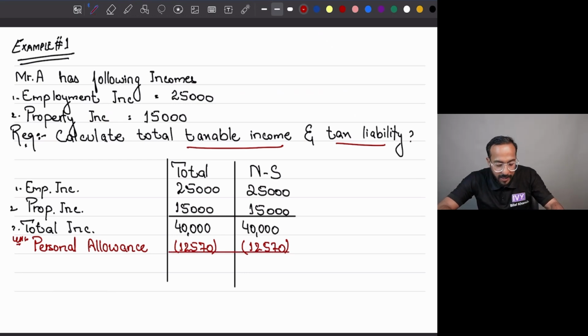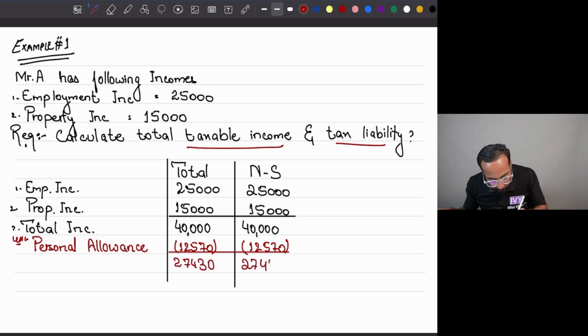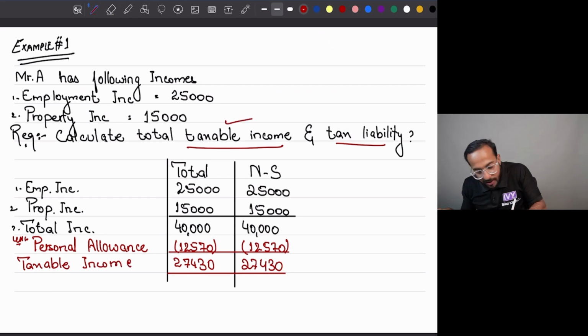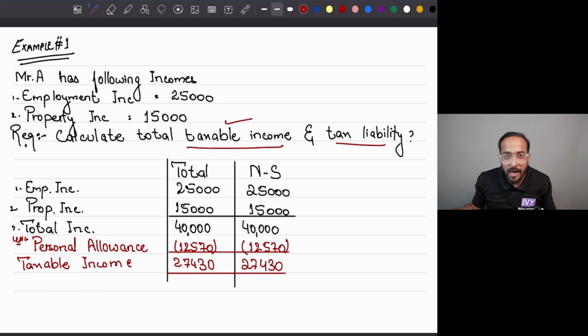Now you need to less it. 40,000 minus 12,570 is 27,430. This is your taxable income. You have completed the first requirement. Congratulations, you did a very good job.